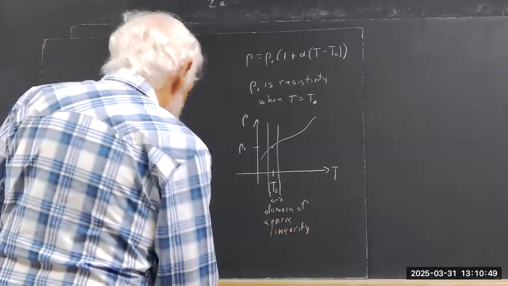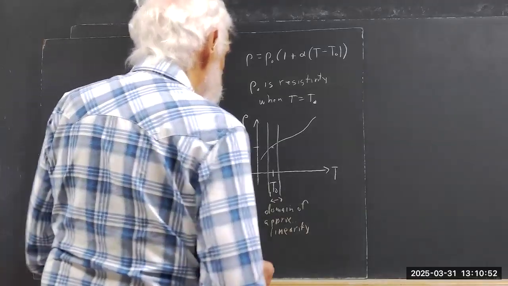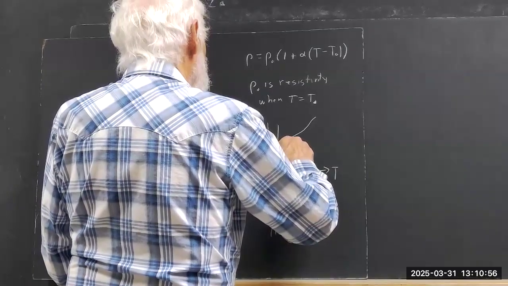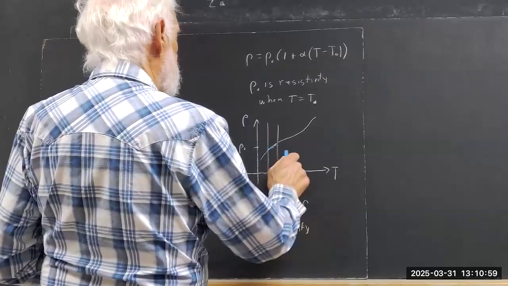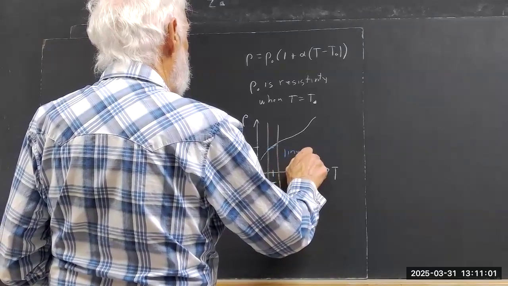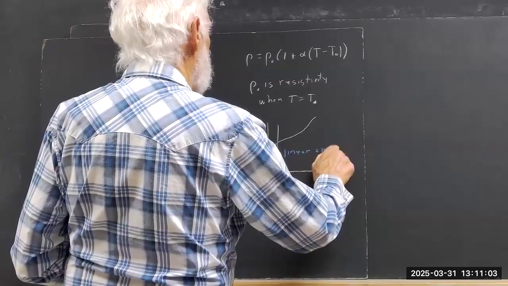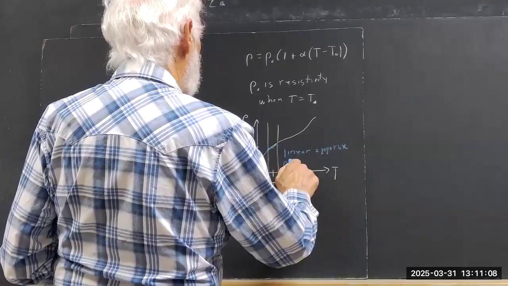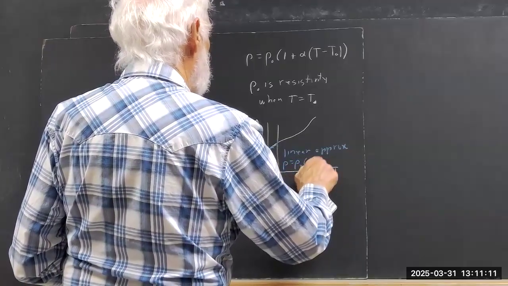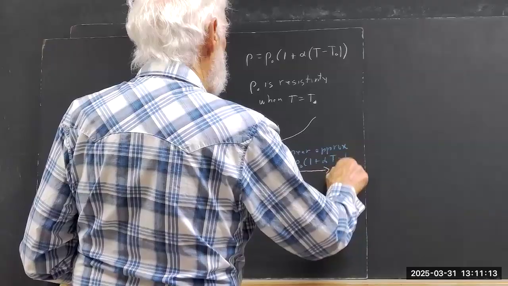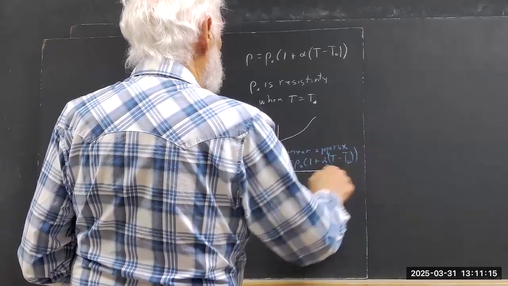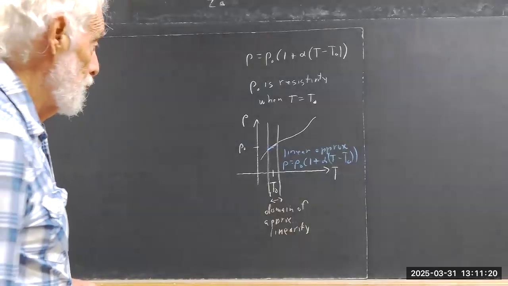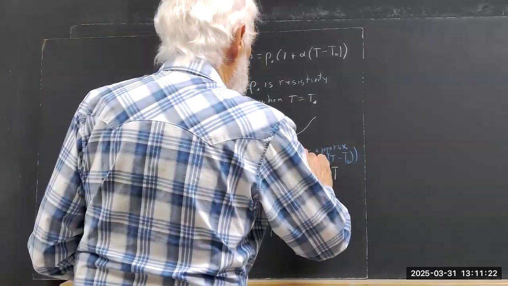So what we're going to say is, in this domain, the linear approximation. I like to use delta T instead of T minus T naught, but your book uses T minus T naught.